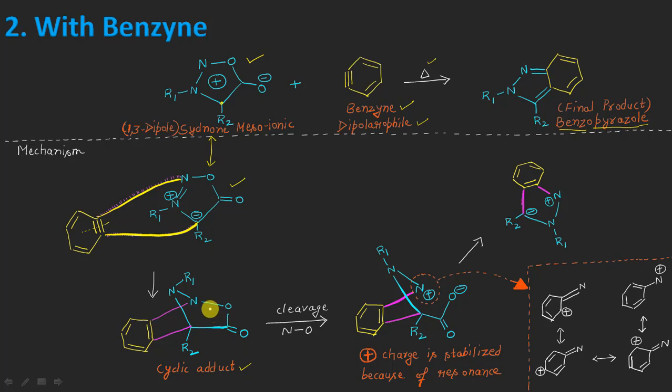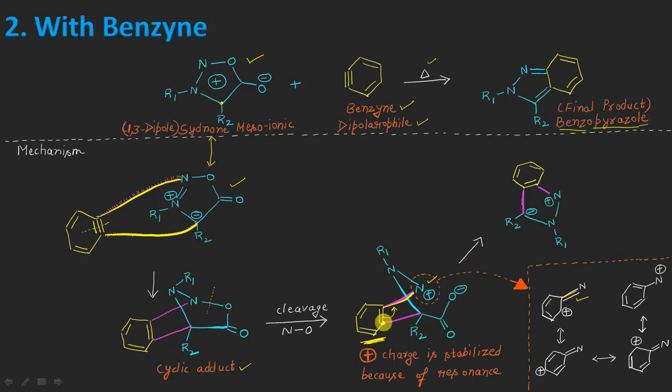And once again, let us check whether the cleavage of this nitrogen oxygen bond is possible or not. We will see that after cleavage, whatever positive charge appears on this nitrogen atom is stabilized because of resonance, because of the presence of this phenyl ring here. I have shown here this single bond nitrogen. When these electrons shift here, it will give a double bond in this way.